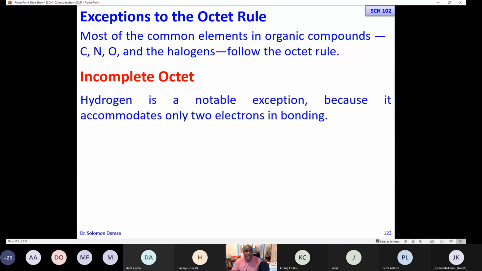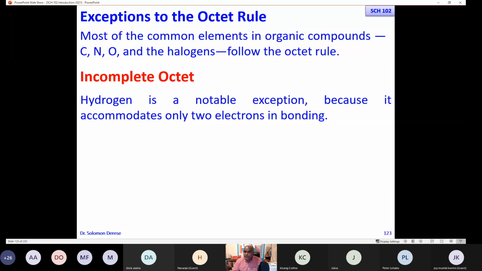And this is the case when you have hydrogen. For example, if you were to draw the Lewis structure for the hydrogen molecule, H2, you have a hydrogen that has got 1 electron in its valence shell, and then this hydrogen has formed a covalent bond with another hydrogen that has got also 1 valence electron.